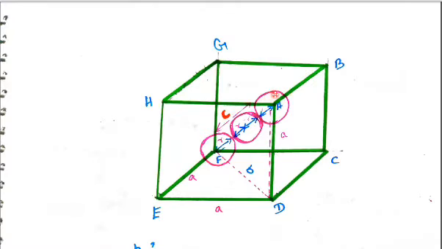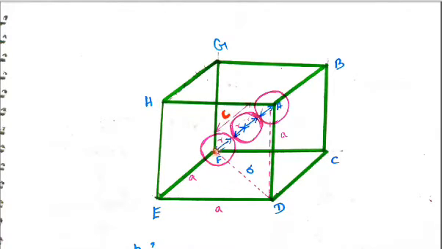I have taken an atom at the body center. Consider these as atom B, C, D, atom E of this corner, atom F of this corner, atom G of this corner, and atom H of this corner. In order to calculate this B face diagonal, and then we should see the distance from this atom through the body center to this corner, the distance of C and B.